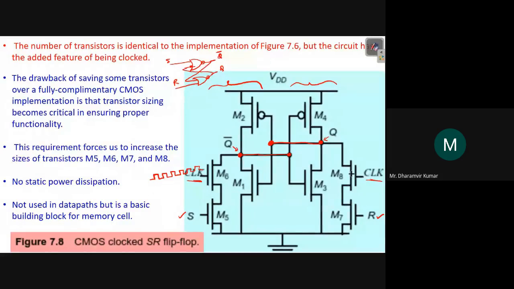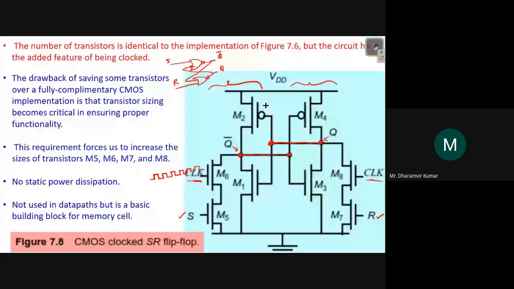These two clock signals are the same, and they will control the operation of this SR flip flop. So this is the simplest SR flip flop, drawn in terms of transistors. Always try to relate this diagram with this one, then it becomes easier to draw and understand.